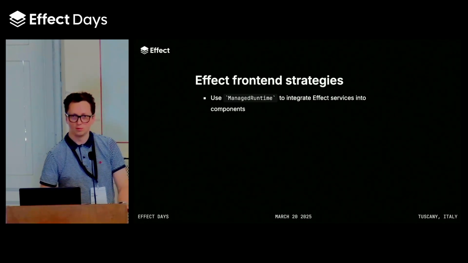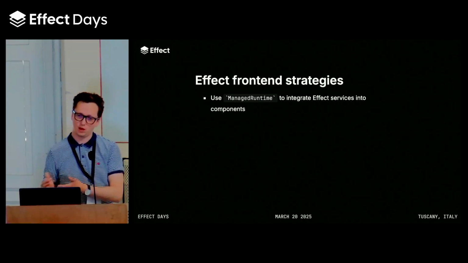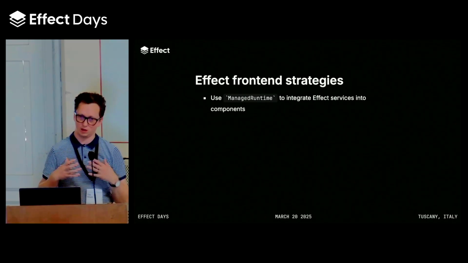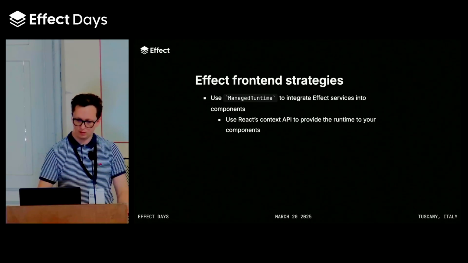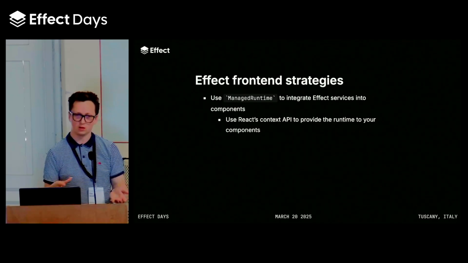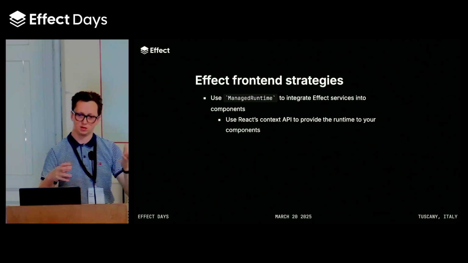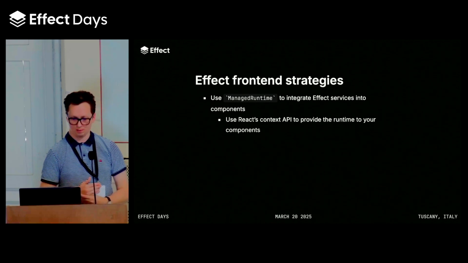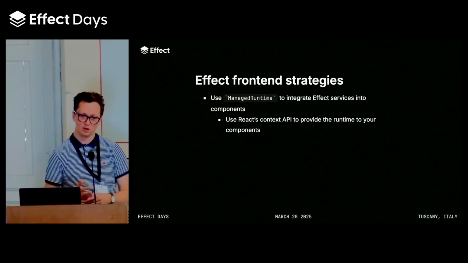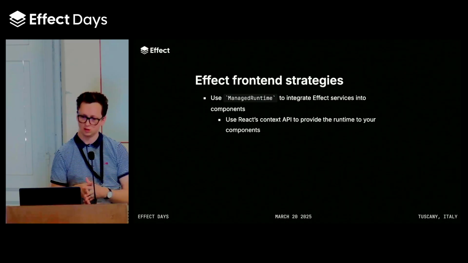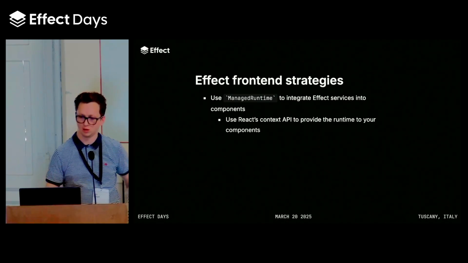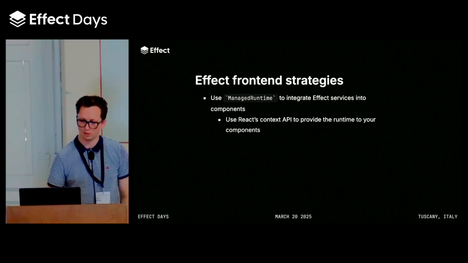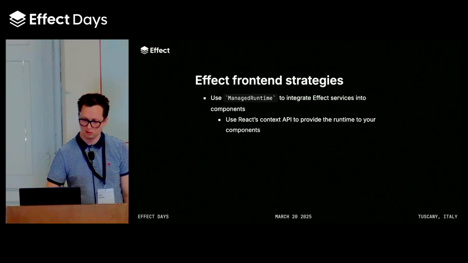It's quite similar to FiberSet in a lot of ways, but you pass in the layer and it gives you back the runtime. Then you can use React's context API to pass the effect runtime around. What that allows you to do when it comes to writing tests is inject your own mock managed runtime to perform component tests and use mock services.